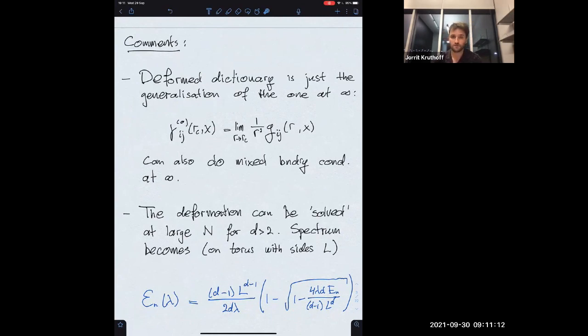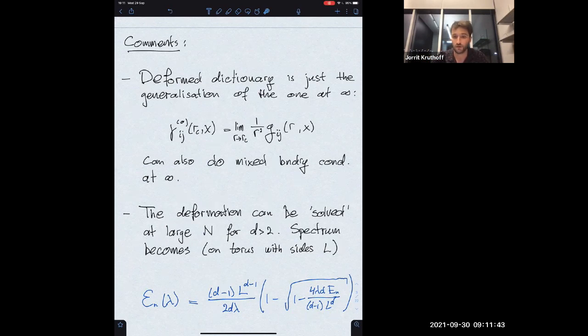But in higher dimensions, this is a bit more complicated because this factorization property does not hold anymore in that case. But what does hold is if you have a large N CFT, so you start off with a large N CFT on the boundary as your initial theory, you could look at states in which you have large N factorization.